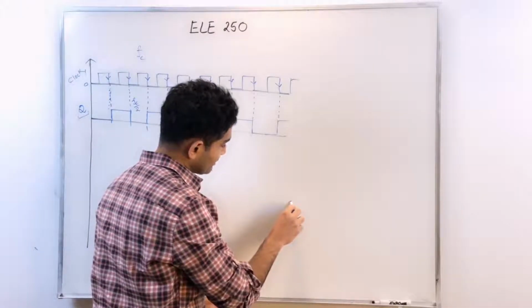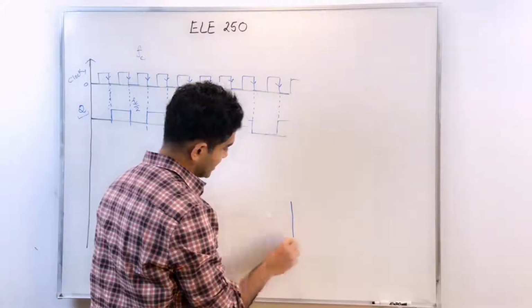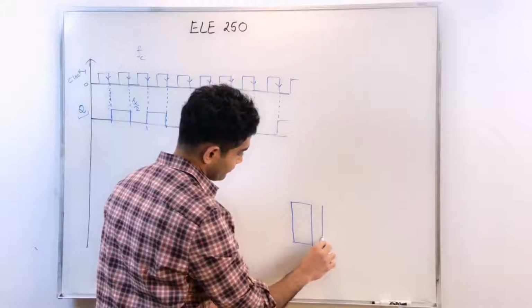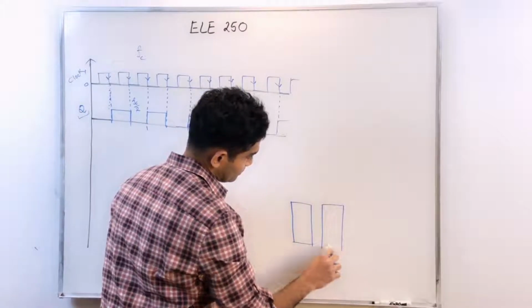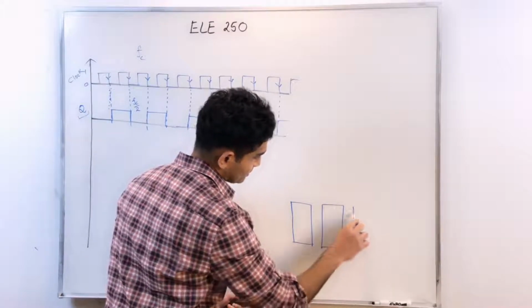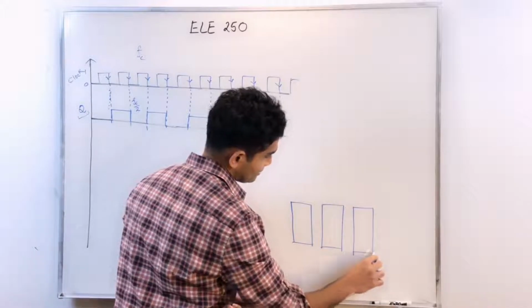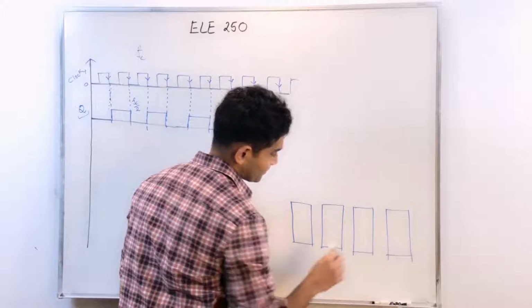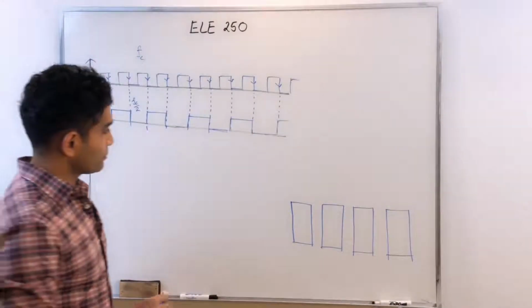So I'm using, let's say, 4 JK flip-flops. That's 1, that's 2, that's 3, and that's 4.